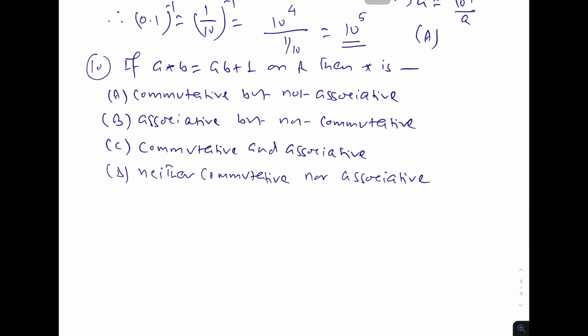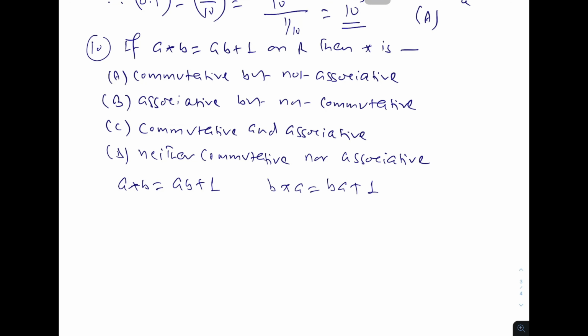So A star B equal to AB plus 1. What is B star A? B star A is BA plus 1. So for real numbers you can have AB equal to BA. So here A star B equal to B star A. So commutativity is surely there.